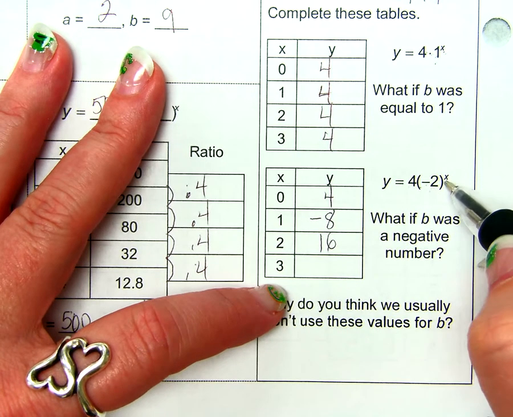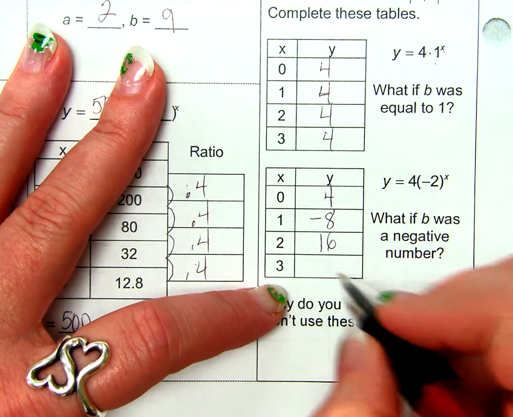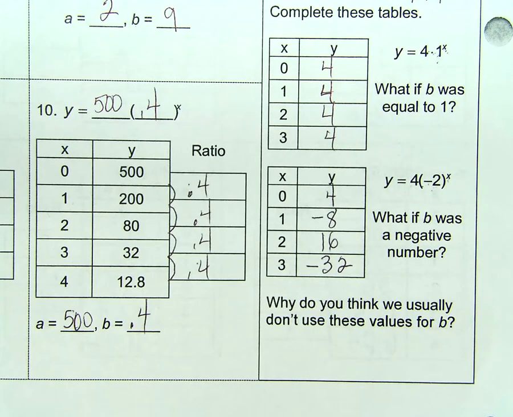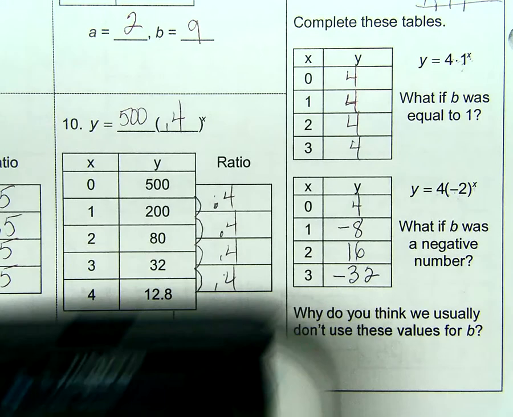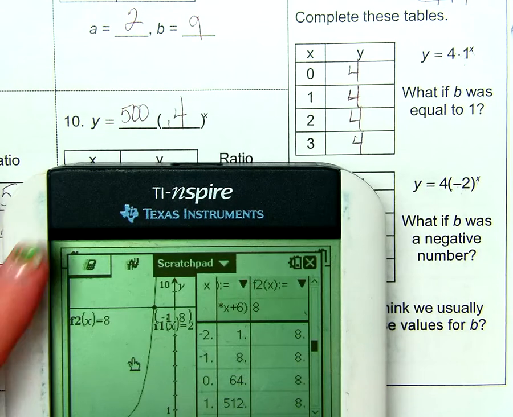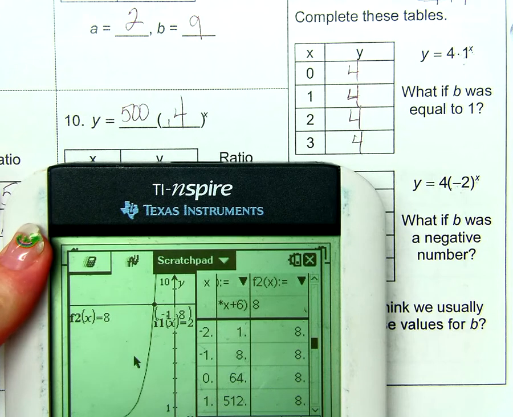Negative 2 to the third power, negative 8 times 4, negative 32. Does it go like this? Do you have it? No, I'm just saying. I'm going to put it in the calculator real quick so you can see it.